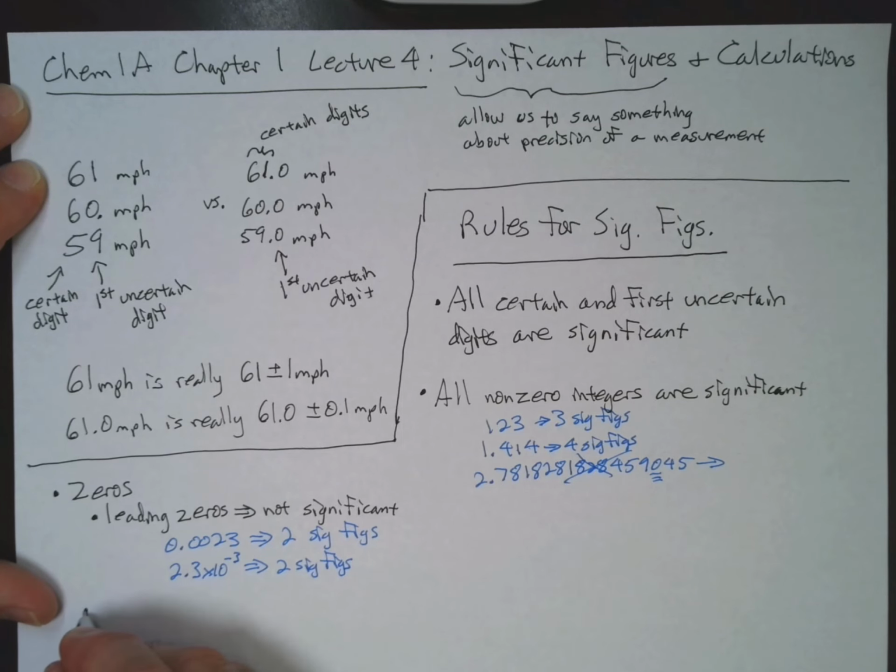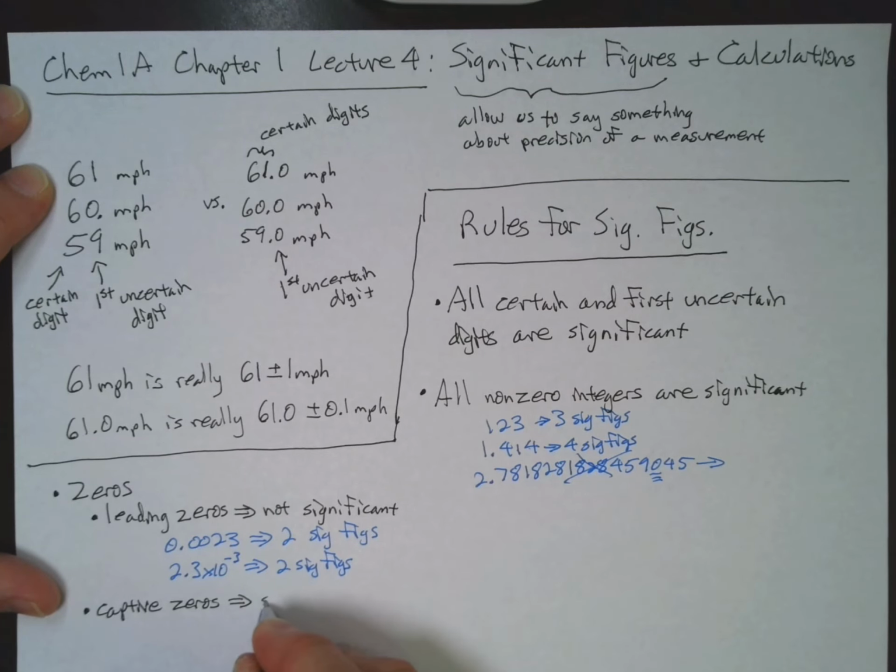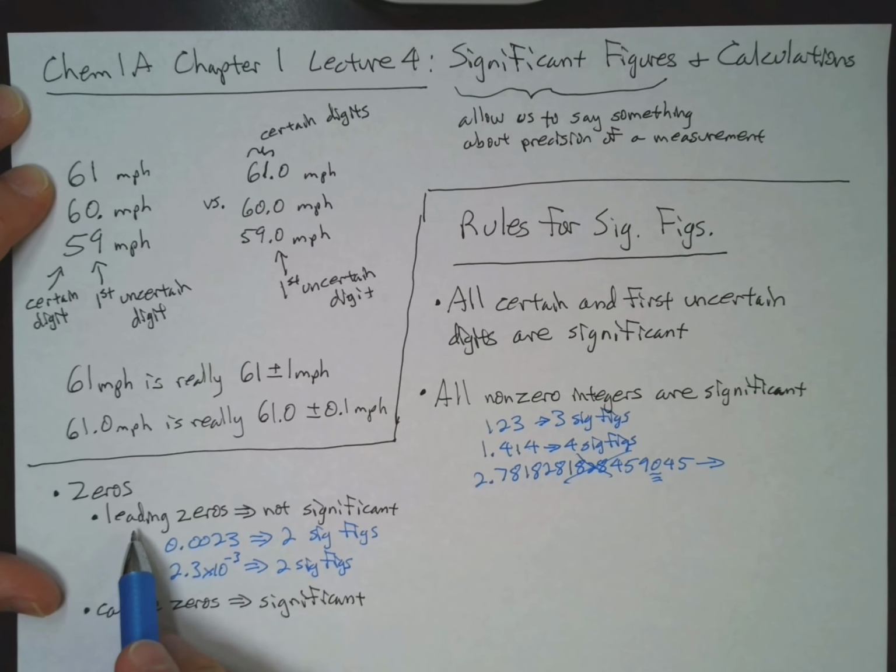Okay, next we have captive zeros. Those are zeros that are in the middle. They're in between non-zero digits. Those are significant. So you can think of a leading zero as really just a placeholder. The captive zeros are significant.